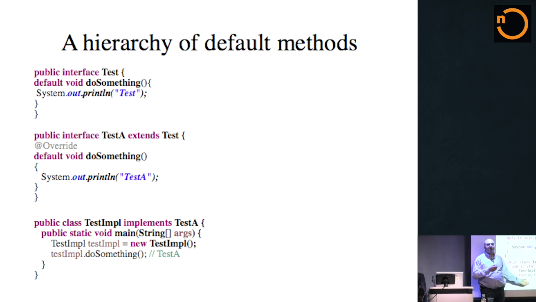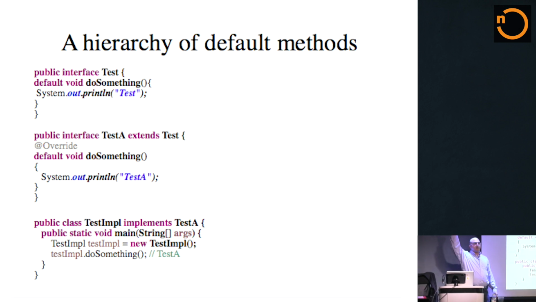What do you guys think it will print out now? Test A, yeah. Because just like inheritance, you take the closest one. So this default method was an override of a previous default method. Who's with me so far? Still following along? Okay, great.